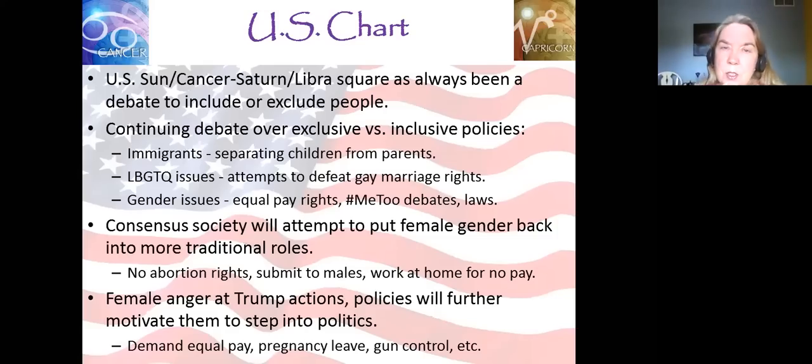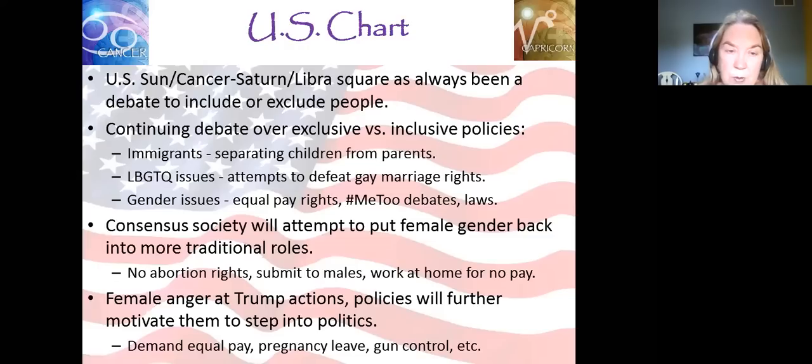So in the United States, many astrologers always talk about how that Sun in Cancer square to Saturn in Libra has always been a debate throughout the history of our country of whether to include or exclude people. And of course, if you look at the beginnings of our country and what we did to the Native Americans here, it wasn't very pretty. And so here is the debate as it will continue to be activated in the United States over the next year of the transiting nodes here.